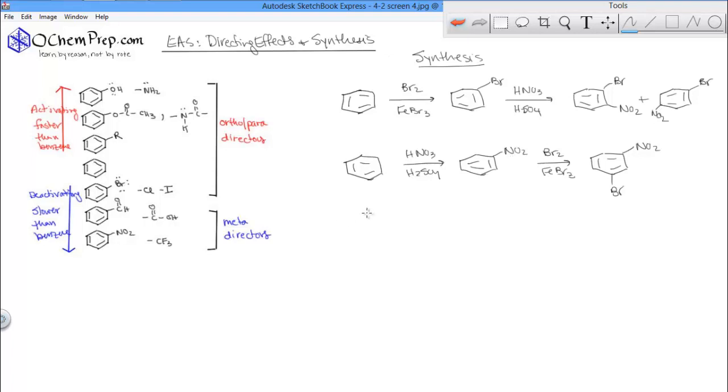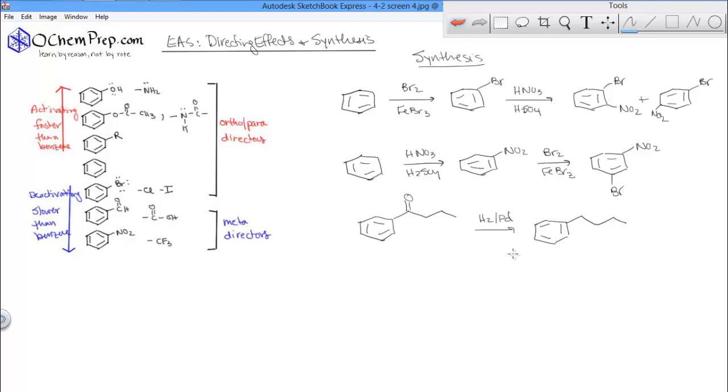Before we try a couple problems, let's review one of the reactions we've already learned. We already know that when you put an acyl group on a ring, you can take that acyl group and reduce it down to an alkyl group with hydrogen and palladium. As long as that C double bond O is next to an aryl ring, this reactant will reduce it to an alkyl group. 1, 2, 3, 4, 1, 2, 3, 4. I always have to count my carbons.